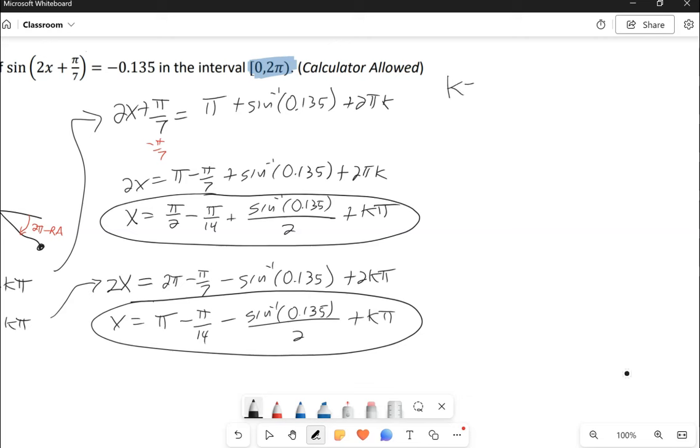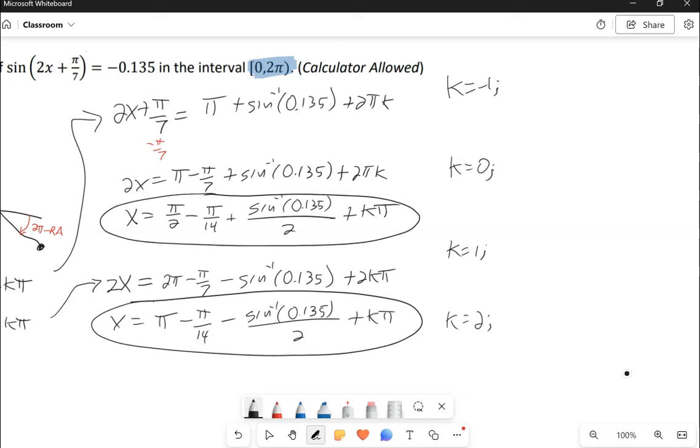So if k equals, I'm going to use negative 1, 0, 1, 2, let's start with those, and if we need to generate more, we will.